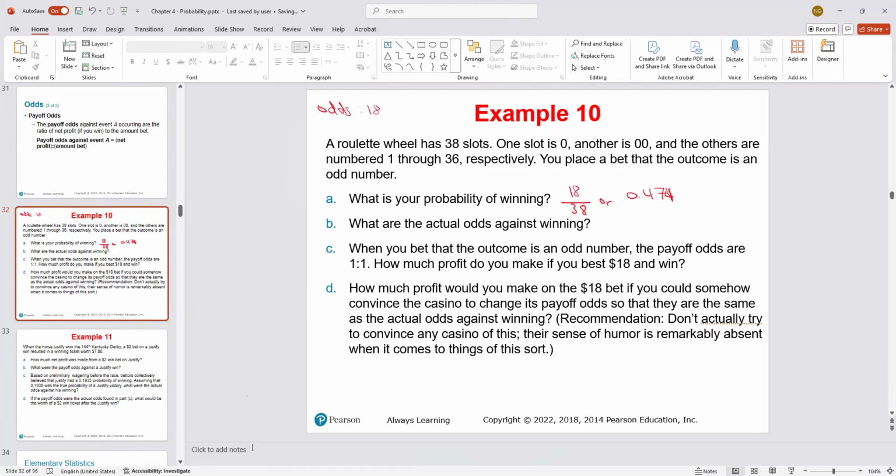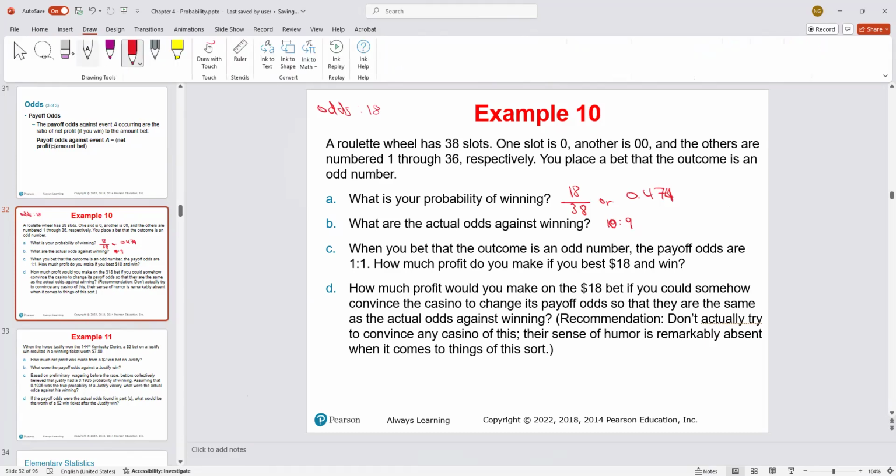If you try to do it, the actual odds against winning, you can simplify it, and it's going to be 10 to 9. Okay, because remember, let me erase it.